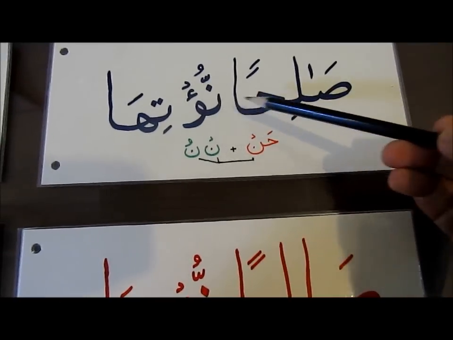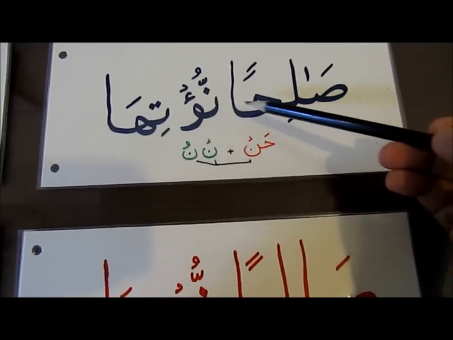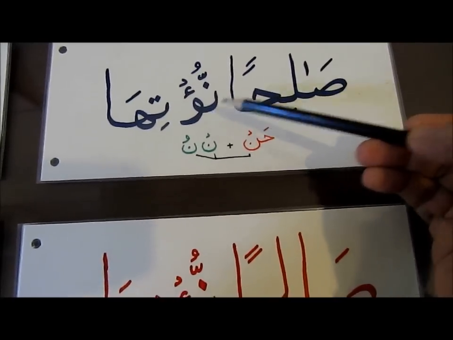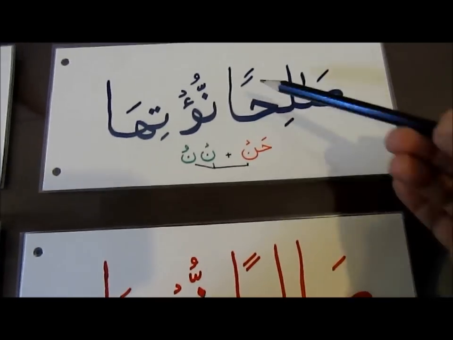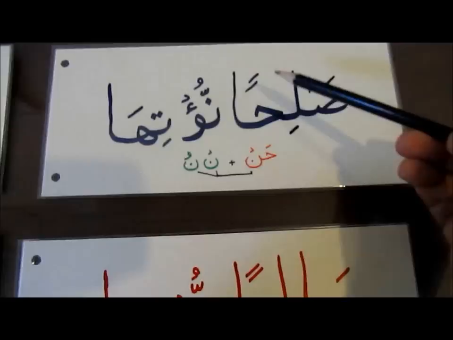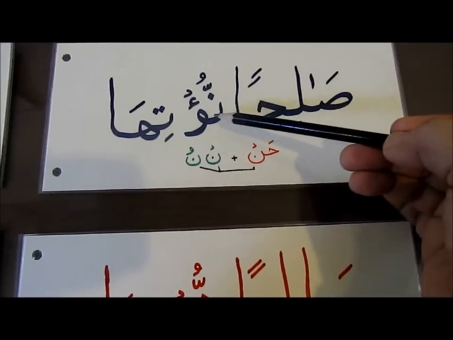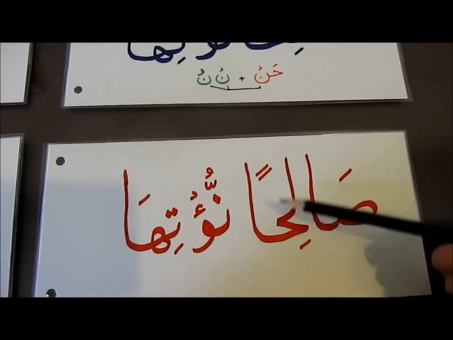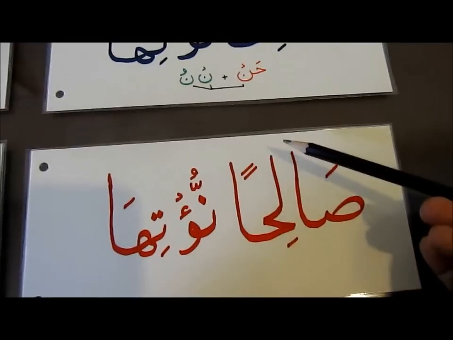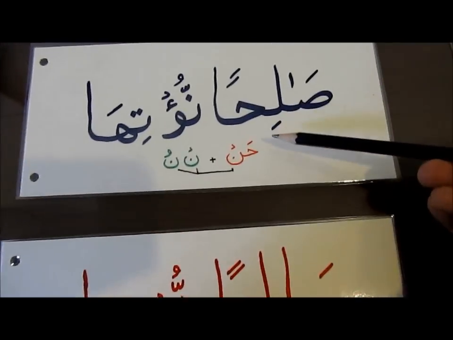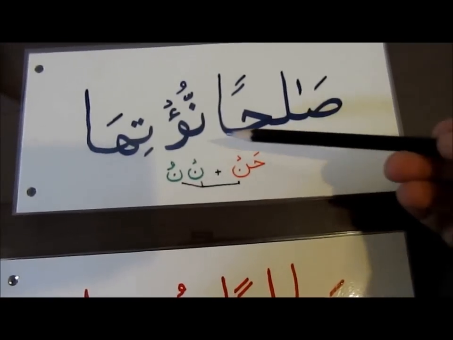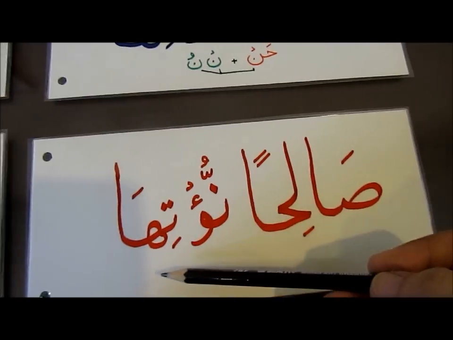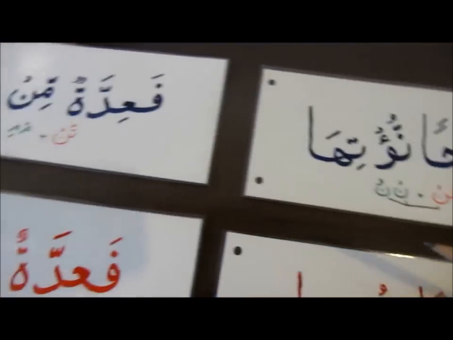Here it's just showing you that you're going to be holding the merging sound, the ghunnah, and this staggered tanween shows that something you have to do here, whereas here it doesn't have those guidelines, but of course the reading would be the same. Salihan nu'tiha, salihan nu'tiha. Okay, let's go to the next one.